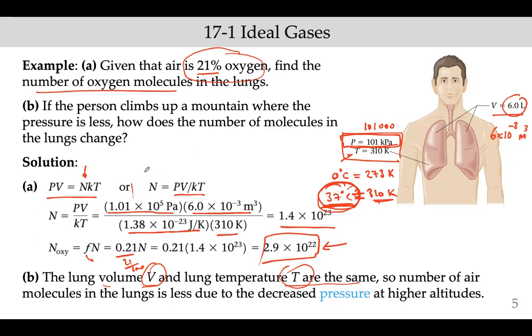Now, if you look here, if the volume is the same and the temperature is the same, k is already a constant, so everything is the same except pressure. Because the pressure goes down at high altitudes, the number of molecules in your lung will actually go down.